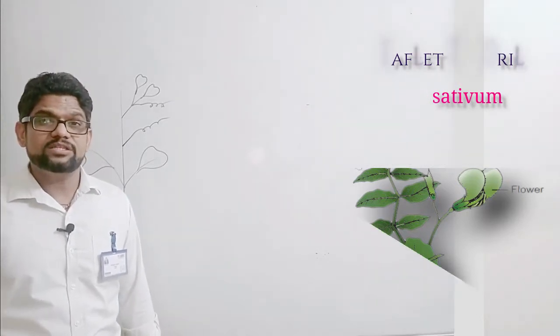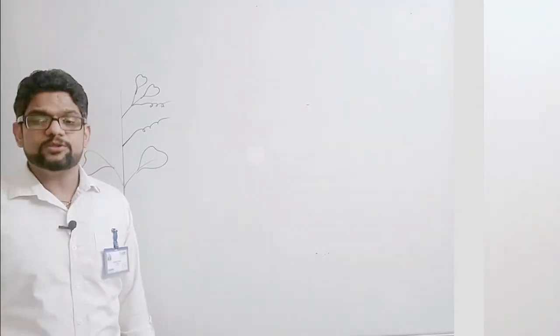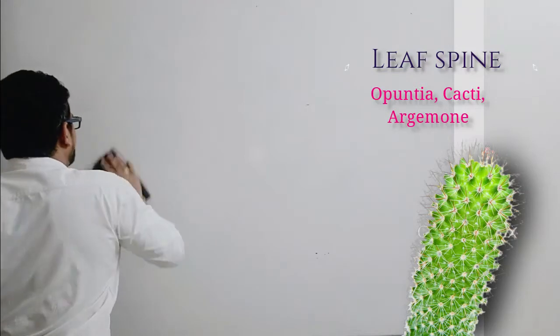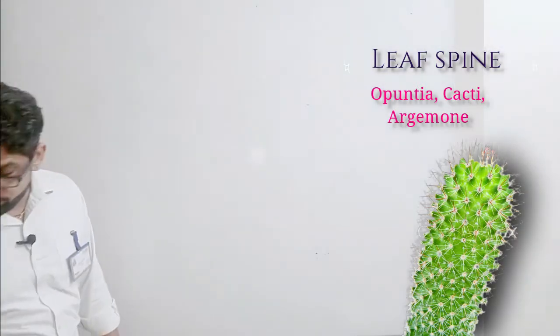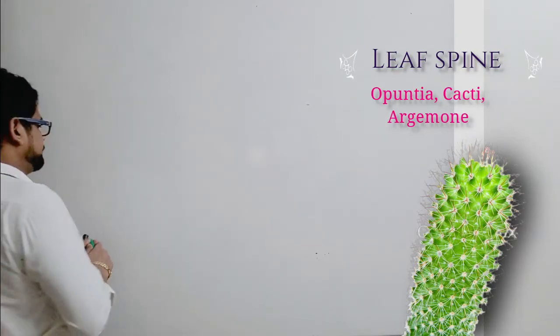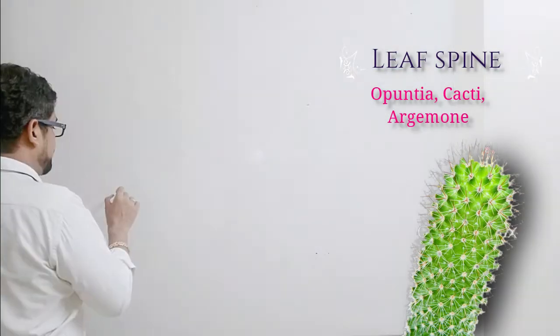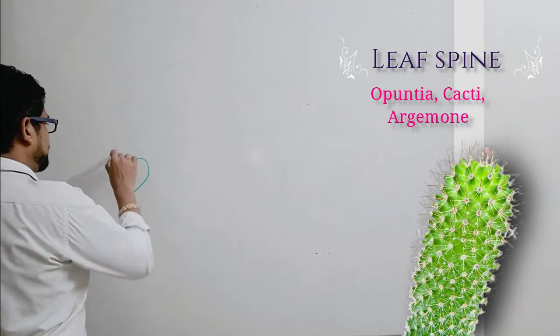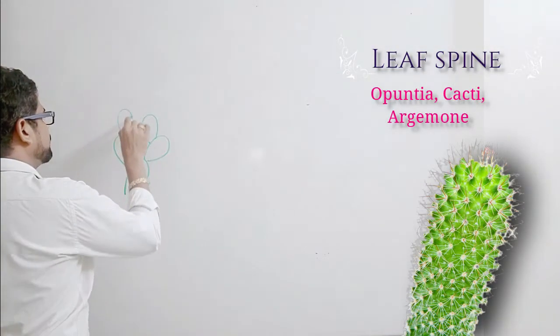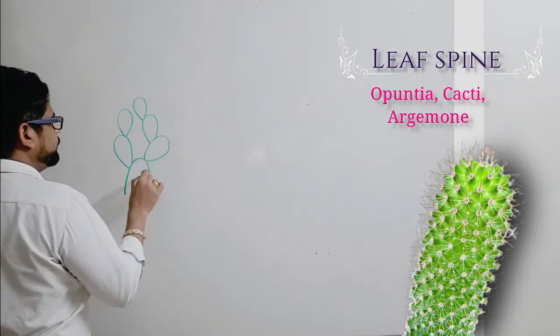And the next example is leaf spine. Leaf spine you have seen in cases of cactus, opuntia. आप opuntia में देख सकते हैं. Cactus में, you know बेटा, cactus that is a xerophytic plant.